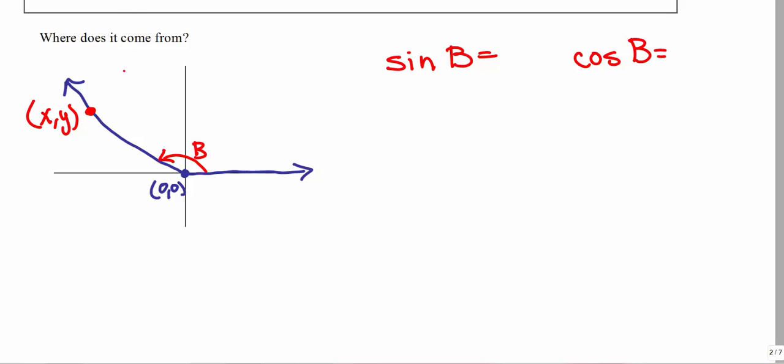And we would find the distance from the vertex, from the origin, to the point that lived on the terminal side, and we called that r. So the sine was y divided by r, the y value of the point divided by the distance from the point to the vertex, and cosine was the x value divided by r.